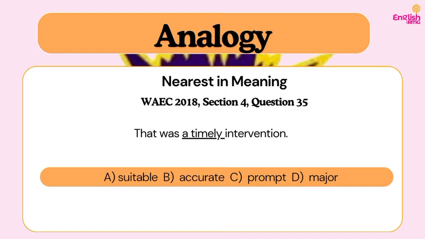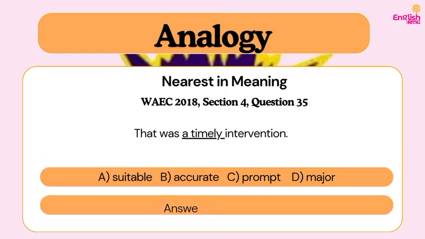And that is what prompt means. Do you understand? Major is also not an option that is close to what our answer would be. So our answer is prompt. So instead of saying that was a timely intervention, I can as well say that was a prompt intervention. Do you understand?